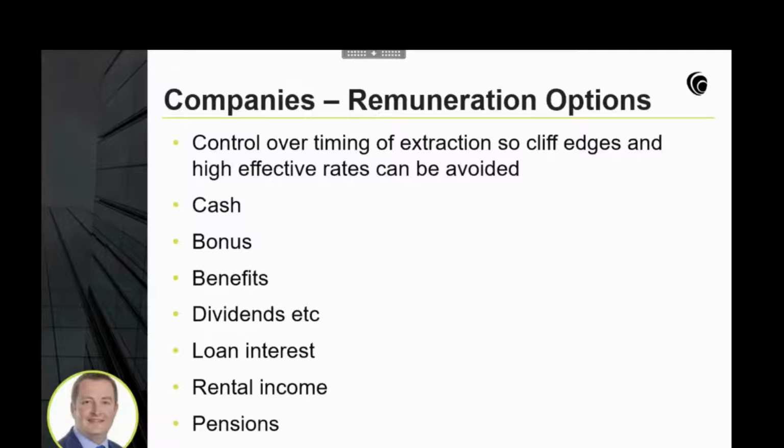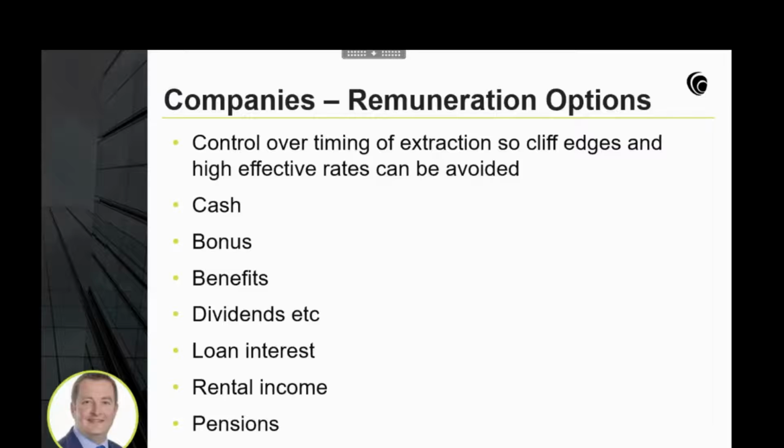For companies, profits are subject to corporation tax. The current rate of corporation tax is 19%, and we know it's due to increase to 25% from 2023. But there are many options of extracting profits as remuneration, depending, of course, on circumstances.